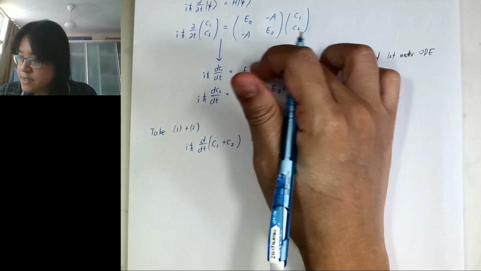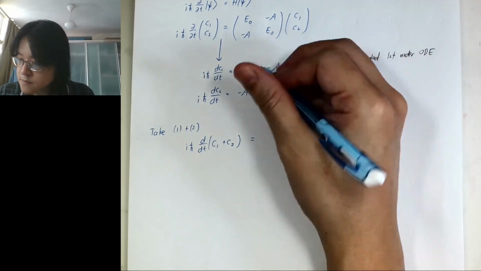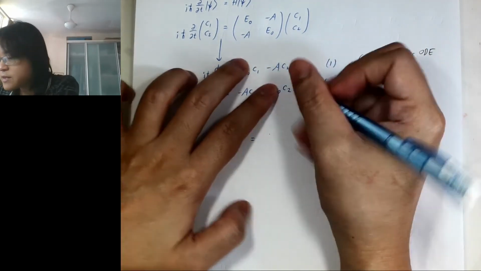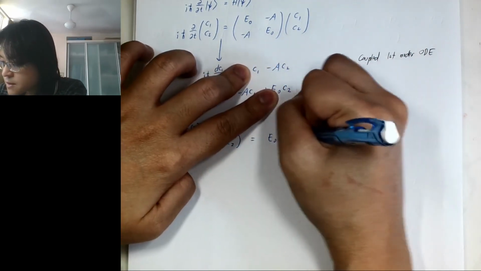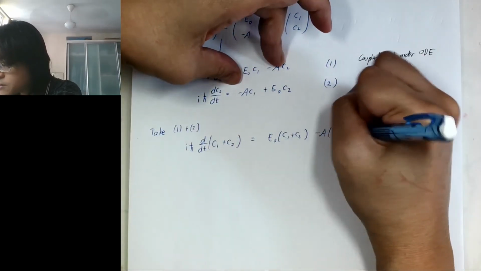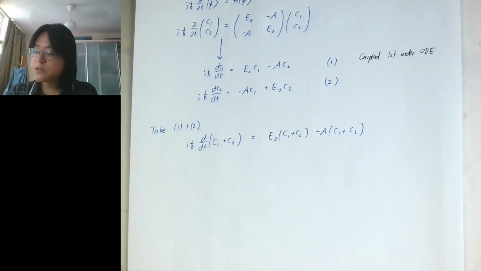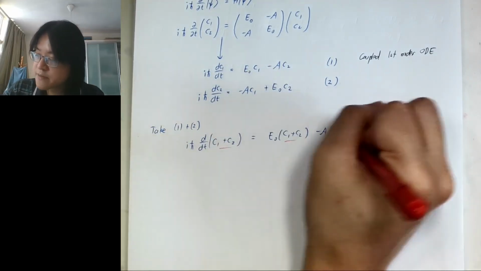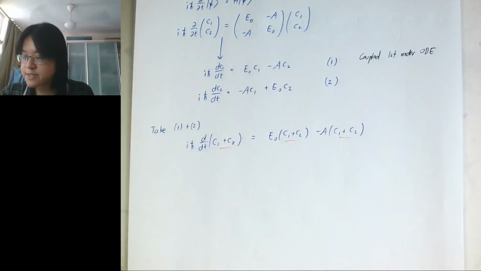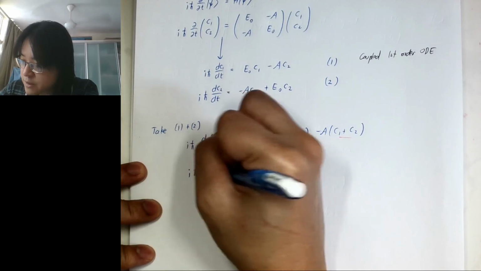And then let's see, E naught, C1 plus C2. Then this is minus A, C1 plus C2. So the C1 and C2 appear together. So I can treat this as an independent variable by itself, right? So notice that we got the differential equation for C1 plus C2.